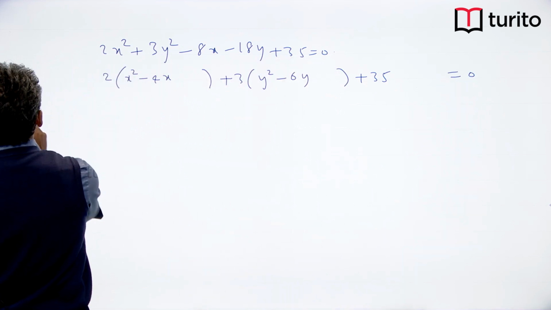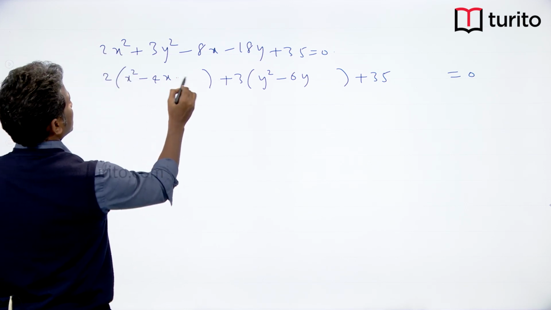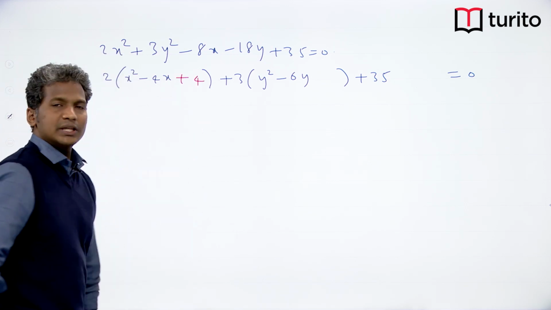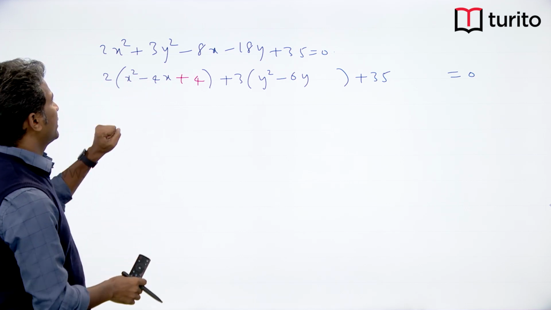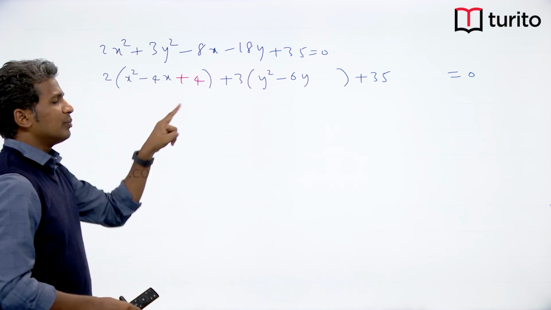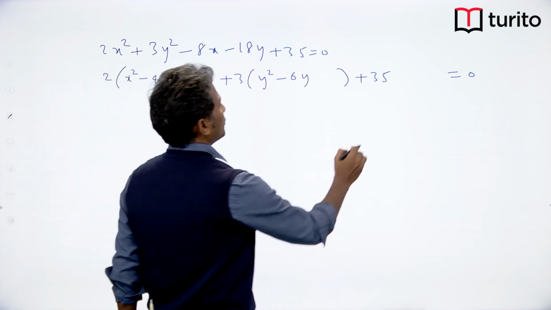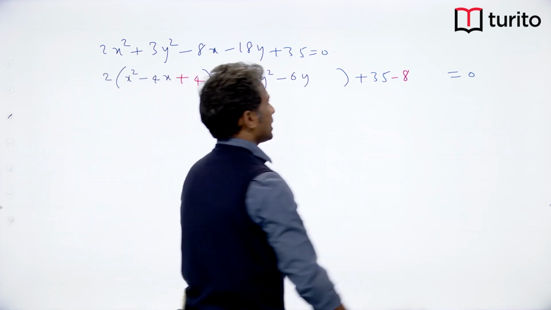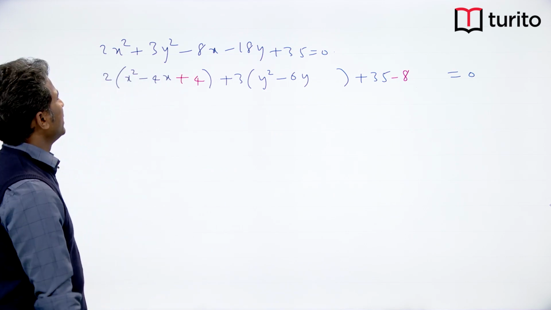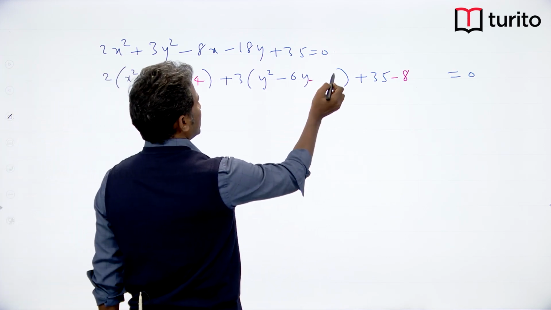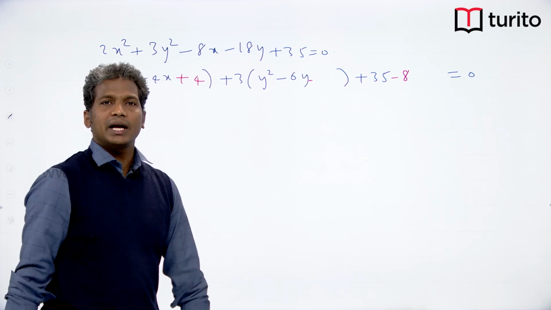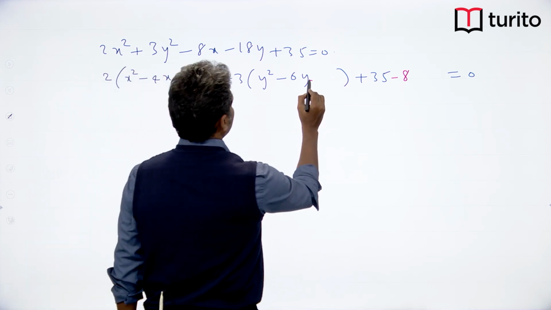Now, to complete the square here, what is the term that I must be adding? I must add 4 here to complete the square. So, extra how much did I add? 2 into 4, 8 I added. So, I have to balance it by subtracting 8. Similarly, for the second term, to complete the square here, I need to add 9 here.